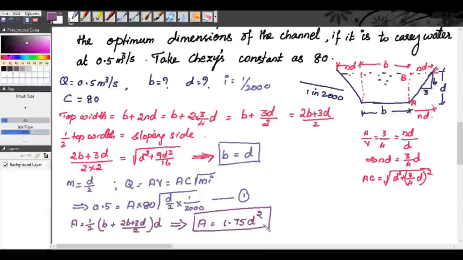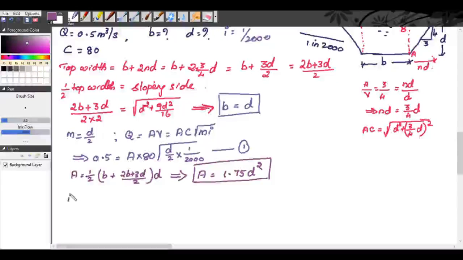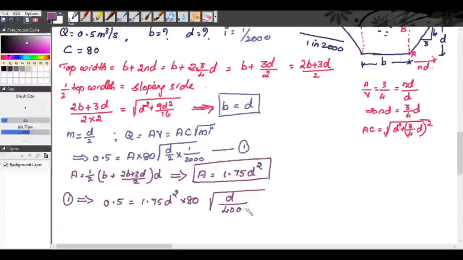Now we will substitute this in equation number 1. So we get 0.5 is equal to 1.75 d square into 80 into square root of d by 4000.